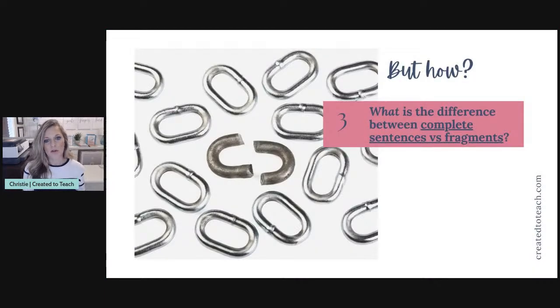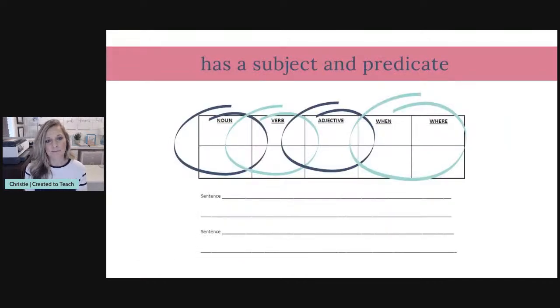All right. So then we ask, what is the difference between a complete sentence and a fragment? And so, as I mentioned, a complete sentence has noun, verb, adjective, and we like to extend it with the when and the where. But the difference here is that a complete sentence has a subject and a predicate. So using that same frame that I was talking about in the last slide, subject is the who or the what we're talking about.